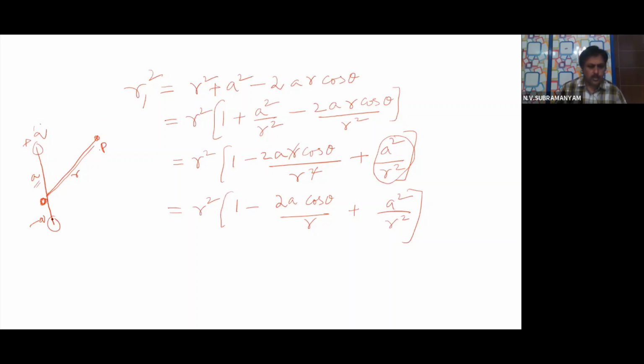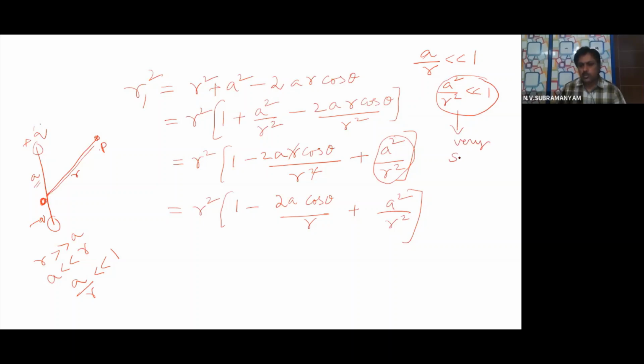Then the R value is very much greater than the A value, or in reverse, A is very much less than R. Then A by R will become very much less than 1. Then A square by R square will be much less than 1. That means A square by R square will become a very small value, negligible.